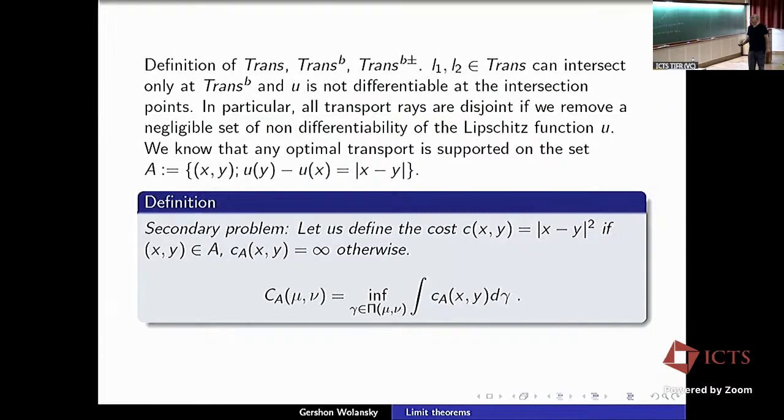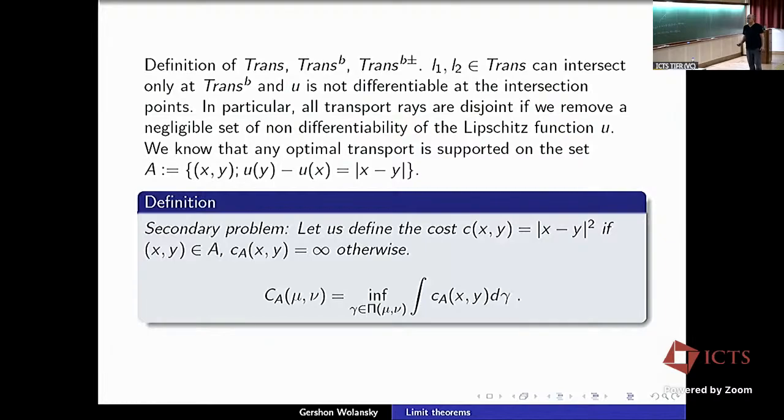Obviously, any minimizer is a transport map, right? For the W1, because any measure which is supported in this set, we know it's optimal. So we hope to see that there is only one among all possible measures supported on this set which has marginals mu and nu, and which minimizes this cost.